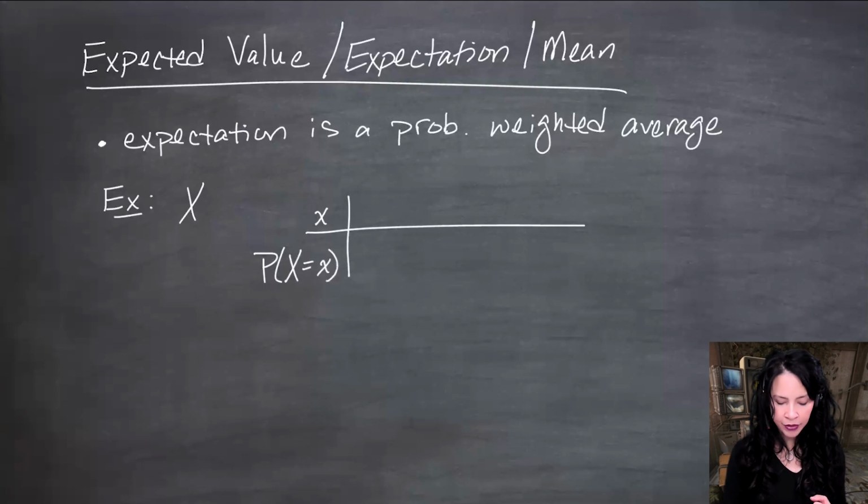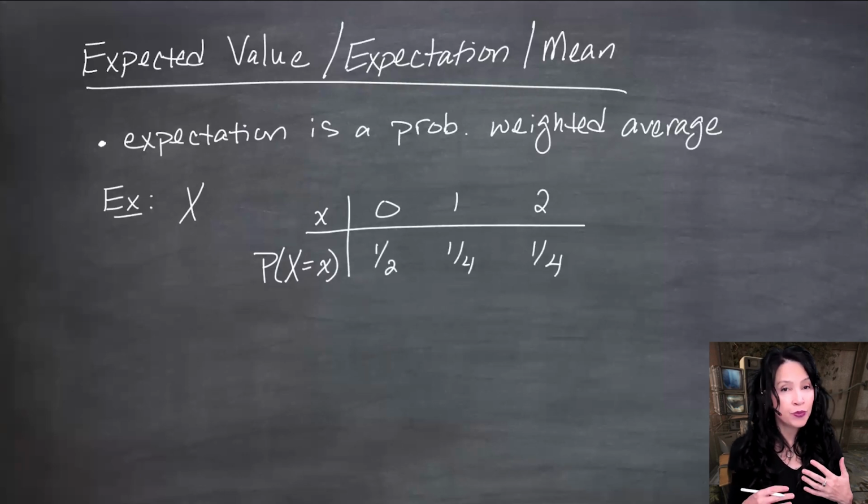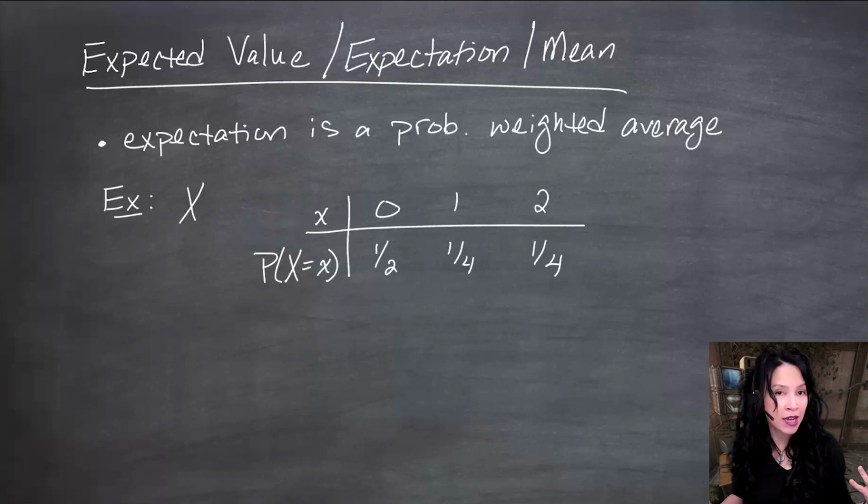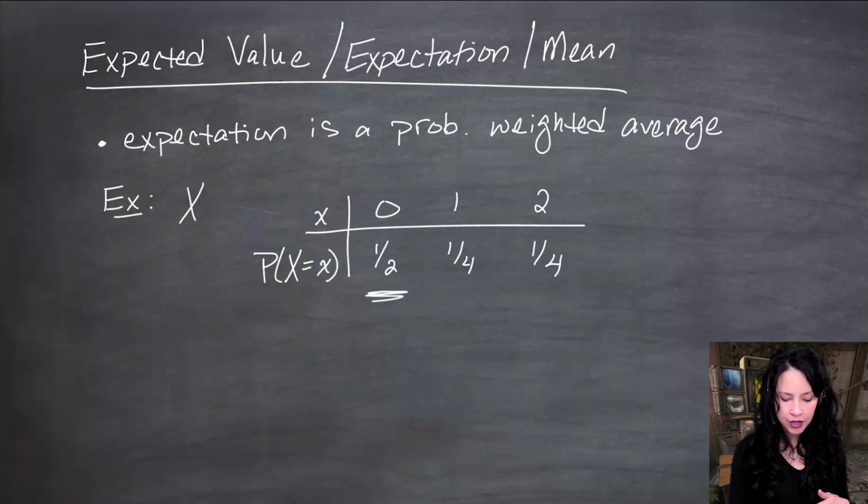Suppose it takes on the values 0, 1, and 2 with respective probabilities 1/2, 1/4, and 1/4. So this is something random, and sometimes when the experiment is performed, it produces a 0, sometimes a 1, sometimes a 2, mostly a 0, because we've got that probability 1/2 right here.